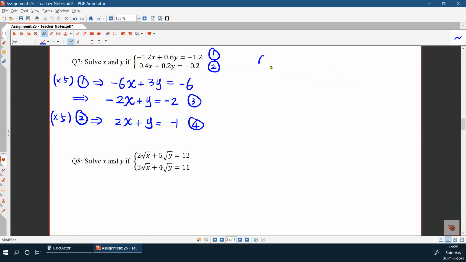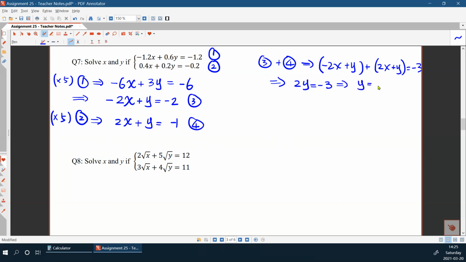So note that we can put 3 and 4, add them up together. In this way, you will get minus 2x plus y plus 2x plus y equals minus 3, right? Okay, so that means 2y equals minus 3, and you can solve y is actually minus 3 over 2.